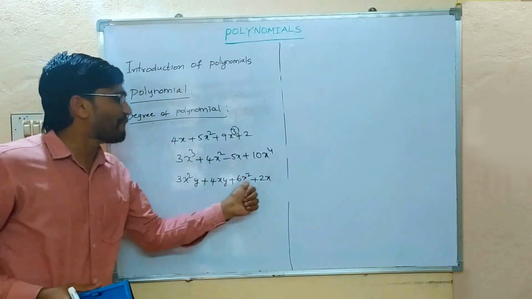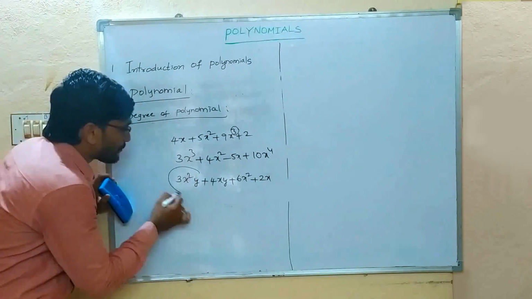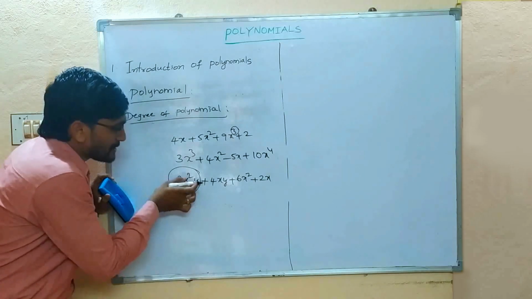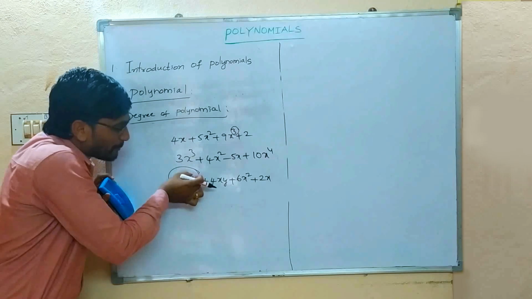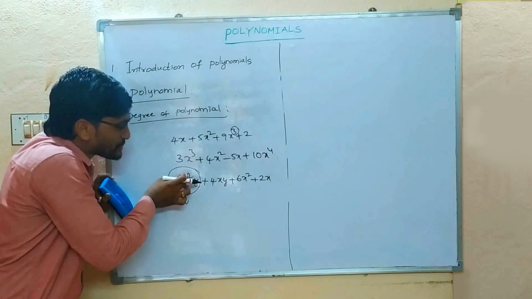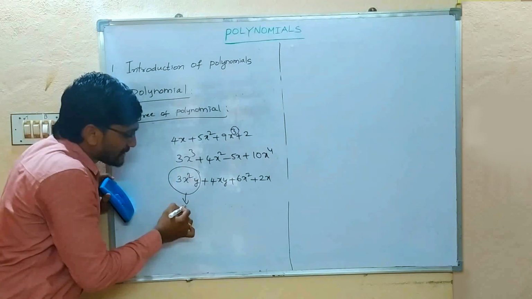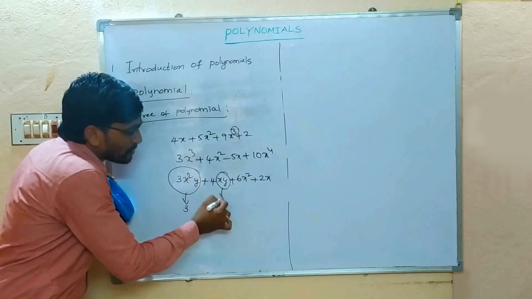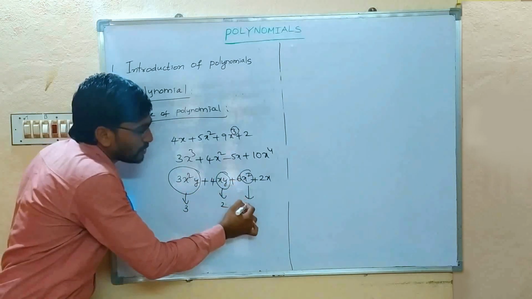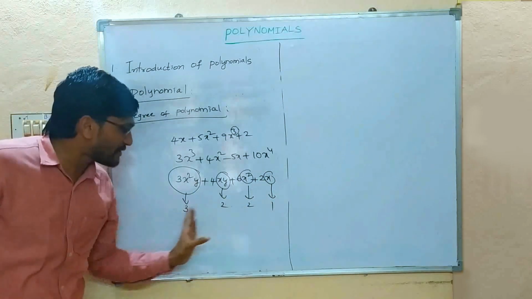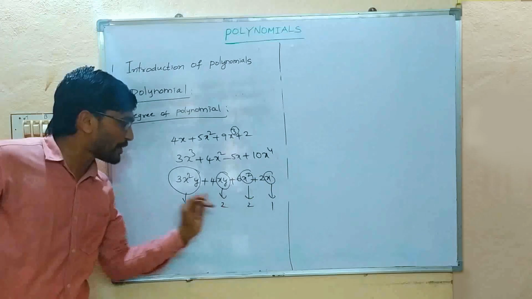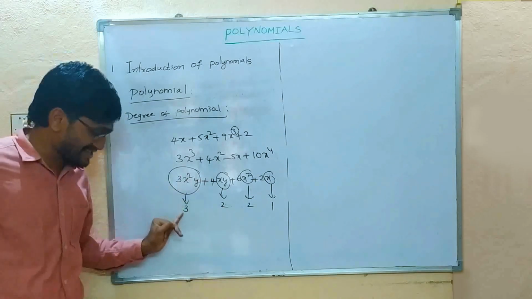For each monomial, the degree is the sum of the exponents of the variables. For 3x square y, that is 2 plus 1, which is 3. Here 2, here 2, here 1. So the highest value is 3. So the degree of this polynomial involving 2 variables is 3.